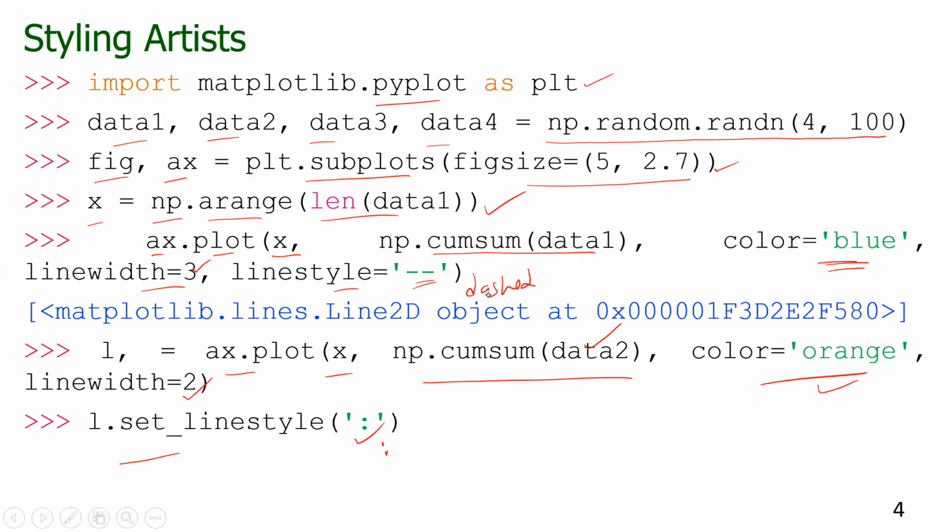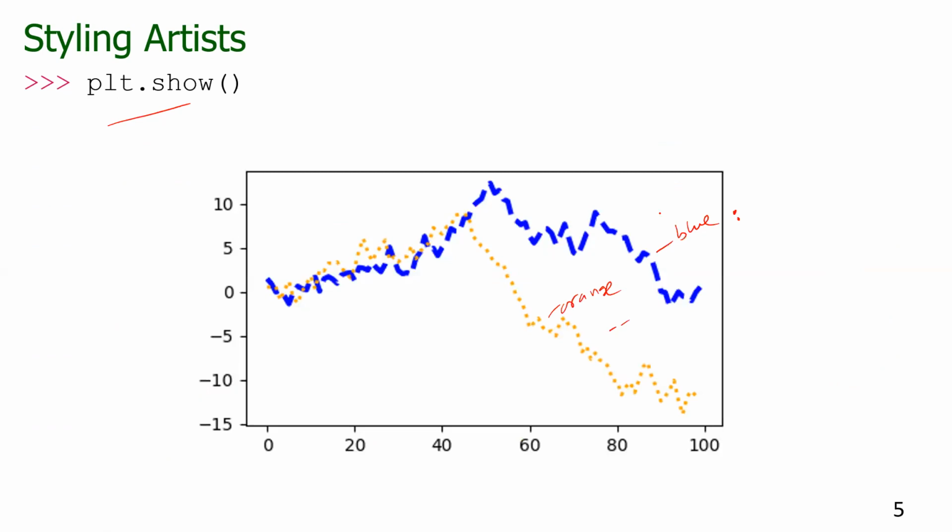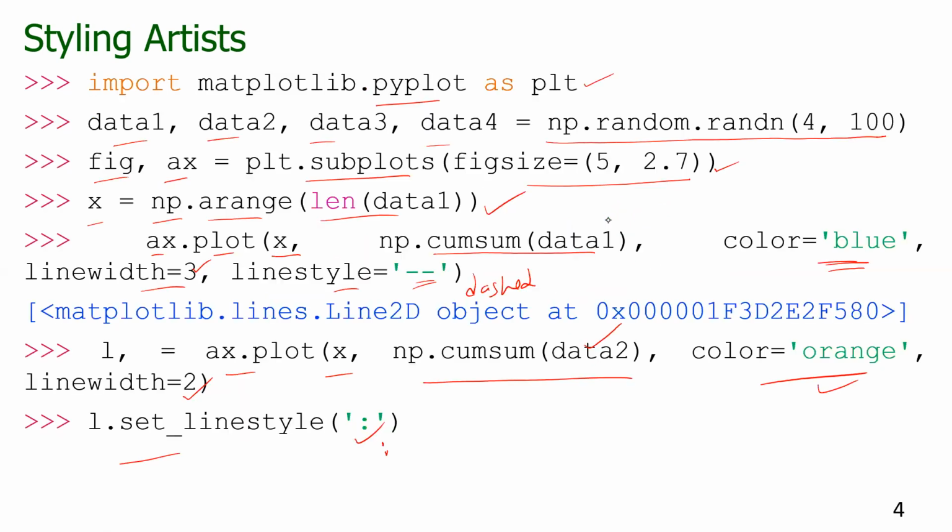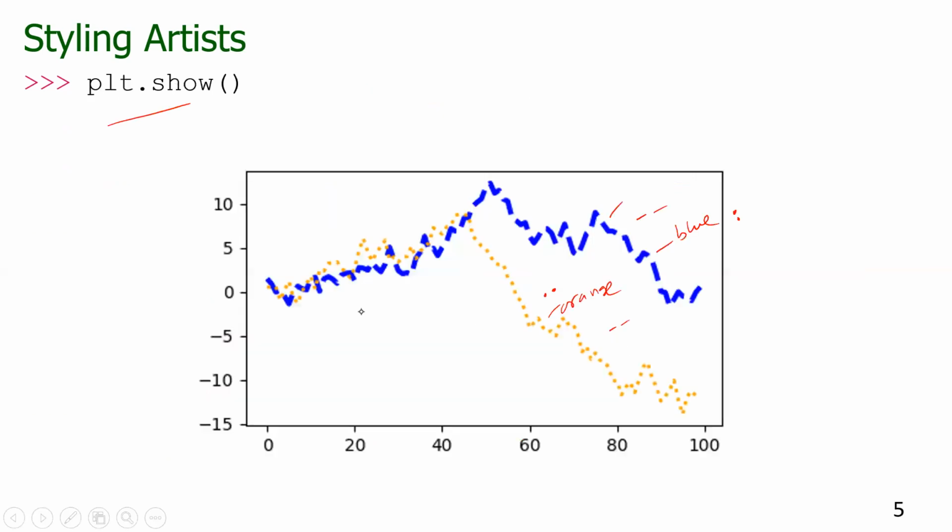The first one is blue with dash dash, then this one is dot dot. Here the width we set is 3 points, and here the width is 2 points.